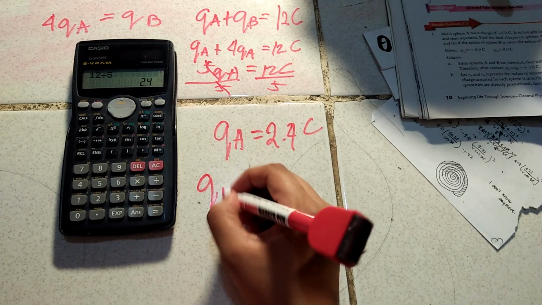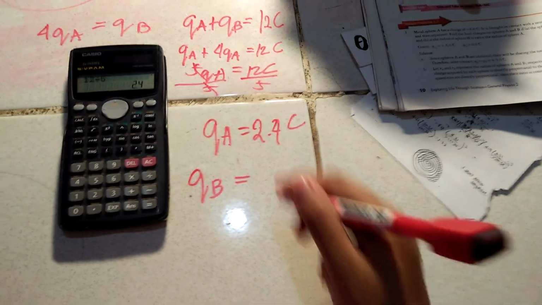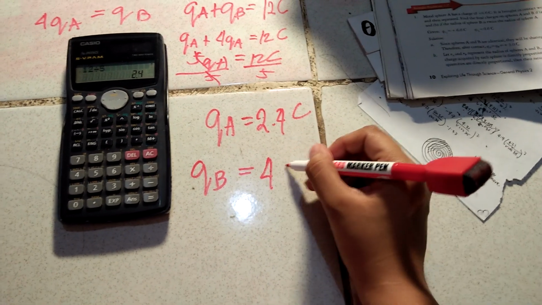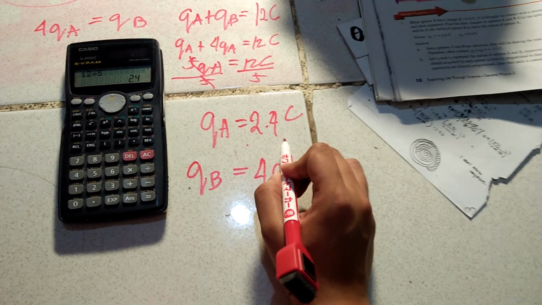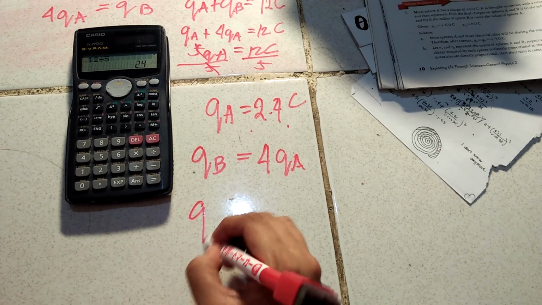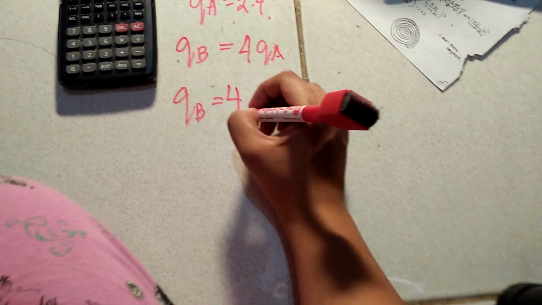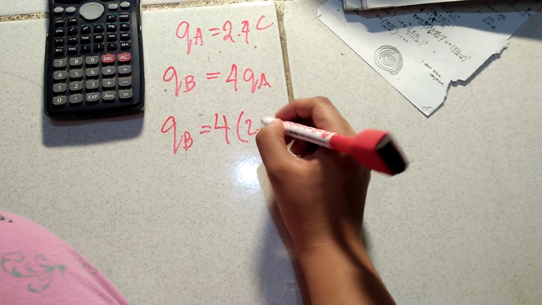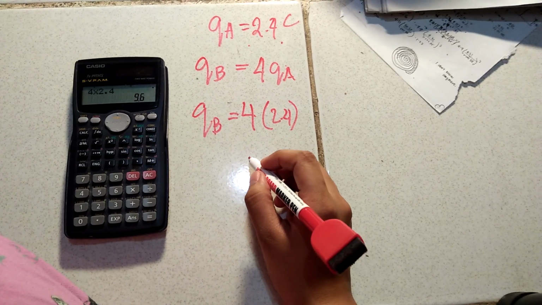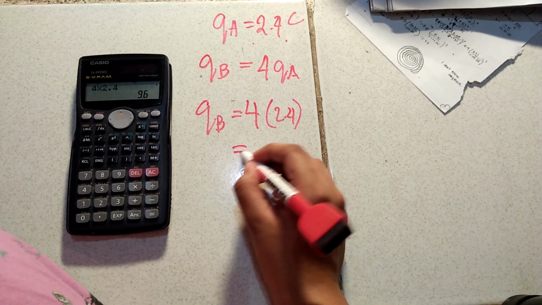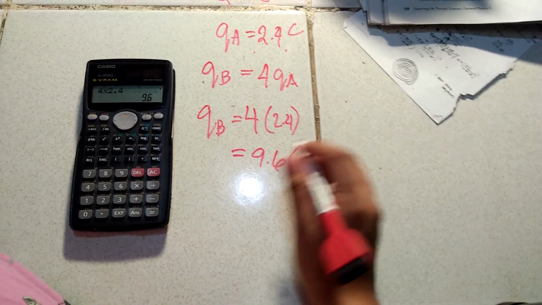The value of QA is 2.4C, so we can convert this. So, 4 times 2.4, and 4 times 2.4 is equivalent to 9.6 coulombs.